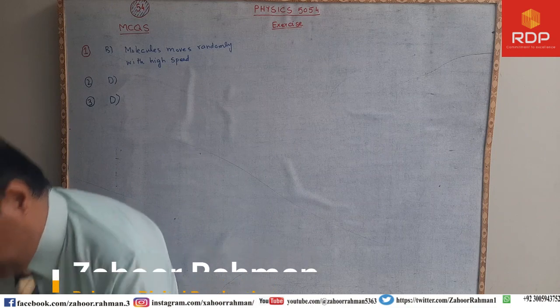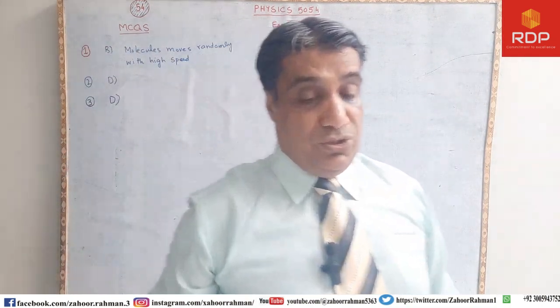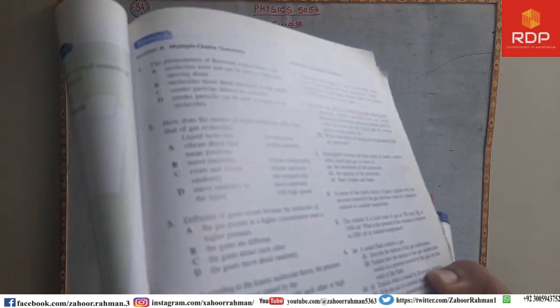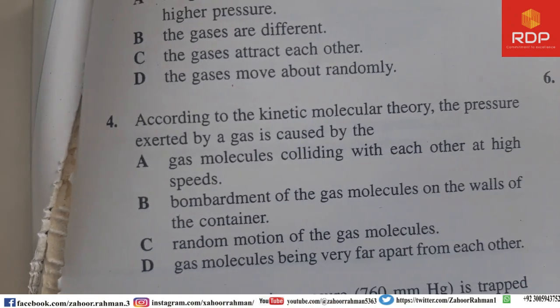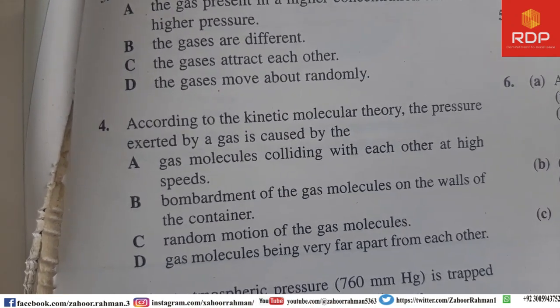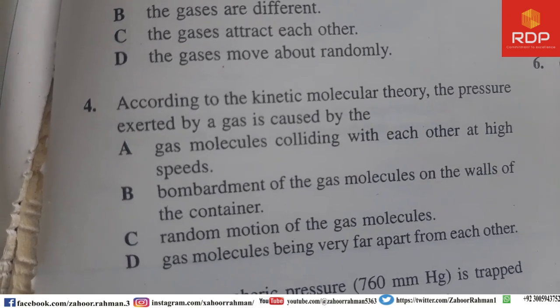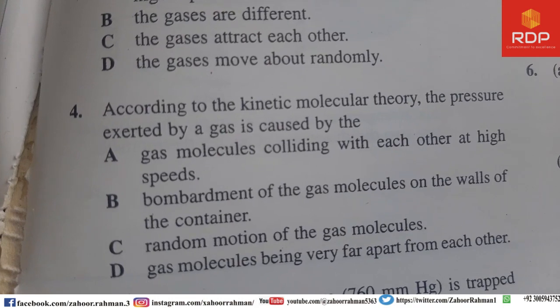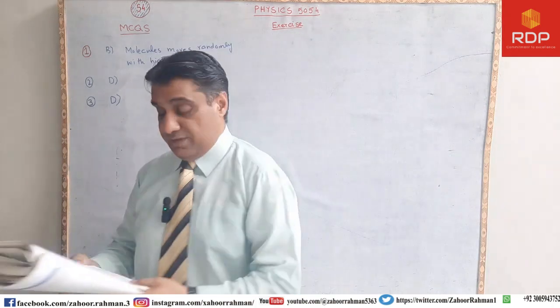Next one, the fourth one. Let me show you first for your convenience, and that is question number 4. According to the kinetic molecular theory, the pressure exerted by a gas is caused by, and there are 4 options given to you.